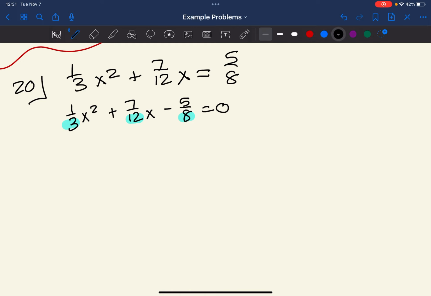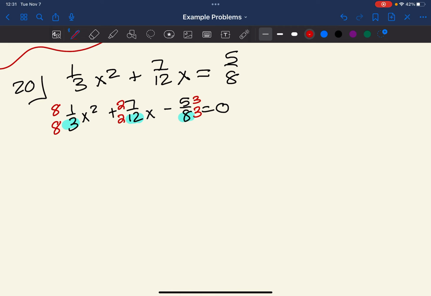So if we want our denominator to be 24, that means we're going to have to multiply each fraction in order for our current denominator to be 24. So for this first one, I'm going to multiply top and bottom by 8. Second one, I'm going to multiply top and bottom by 2. And then lastly, top and bottom by 3.